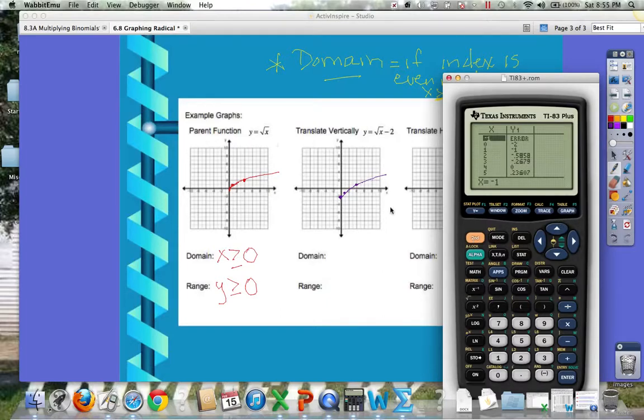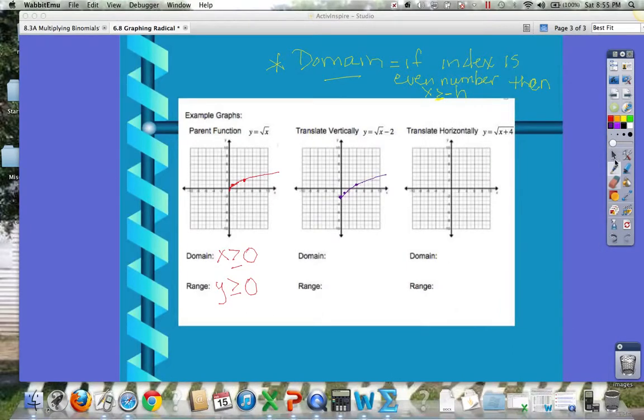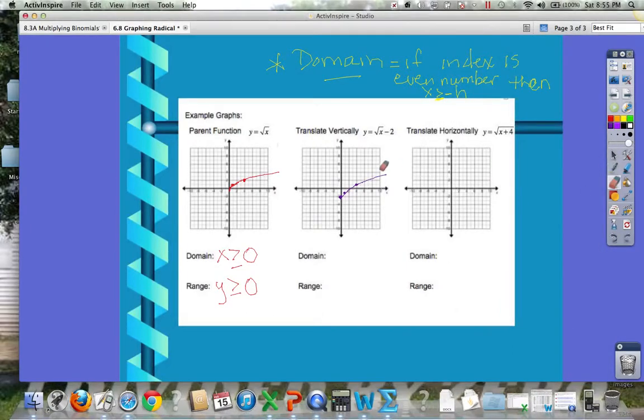So it should be at 0, -2, and then it should be at 1, -1, and then it should be at 4, 0. So I went too far up. So definitely want to go back and fix that. Too far up right here. All right, so 1, -1, and 4, 0.